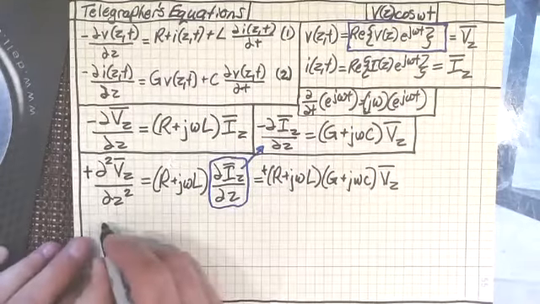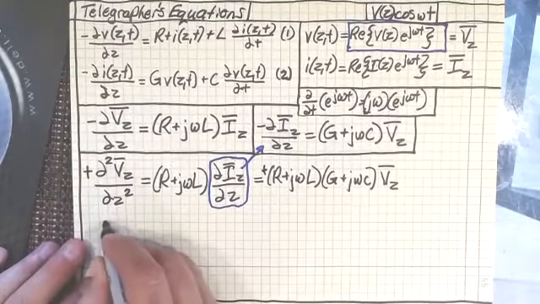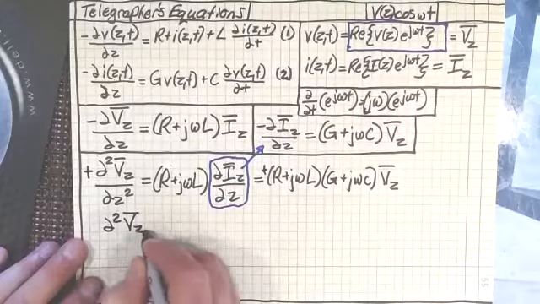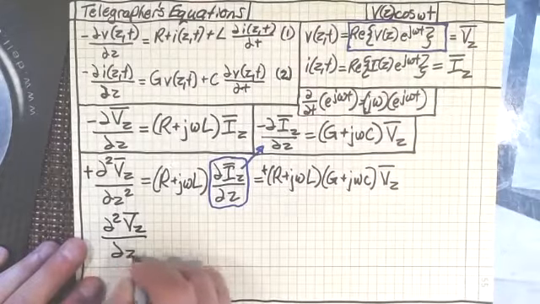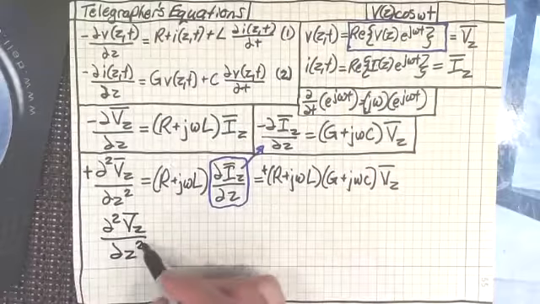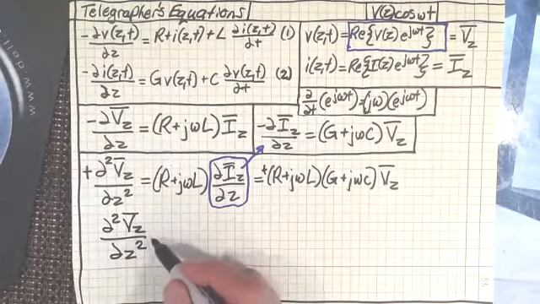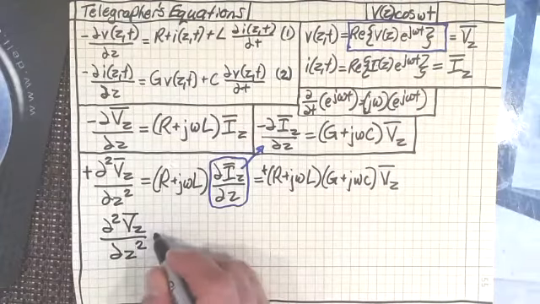So now I've got this equation right here. I've got the second derivative of V̄ sub Z with respect to Z, right?